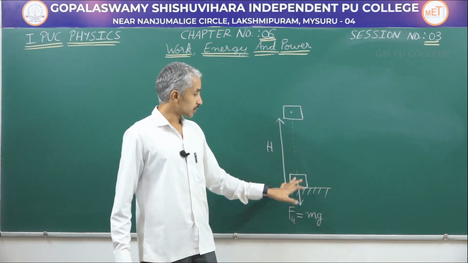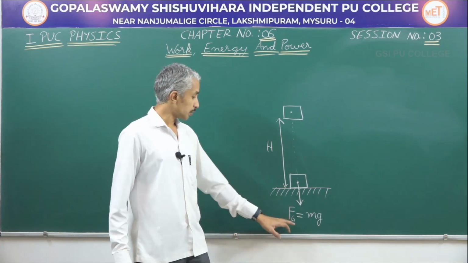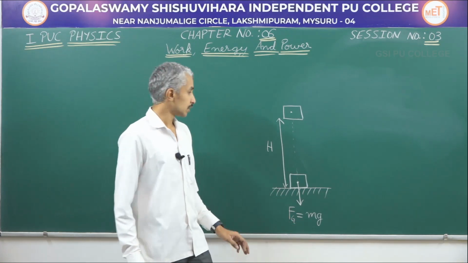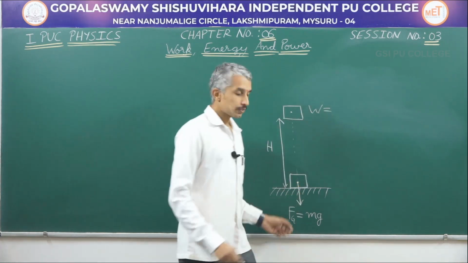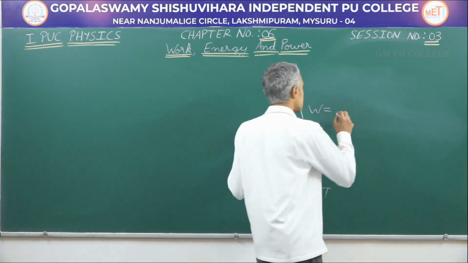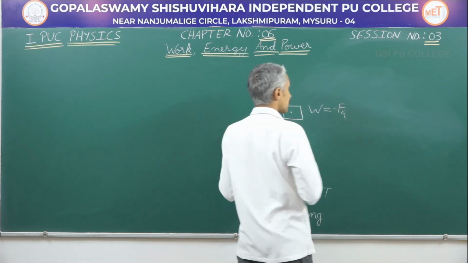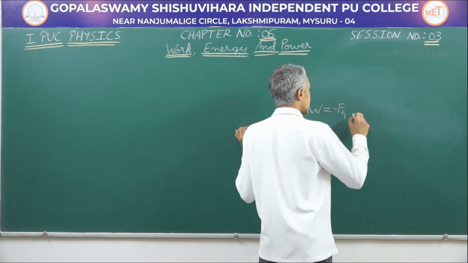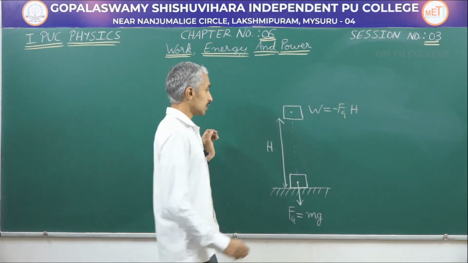As gravitational force is always pulling it down, I have to do a work which is equal and opposite to the gravitational force. So the work done to lift the object from ground to the height h is going to be equal to the negative of the gravitational force into displacement, and in this case the displacement is height h.